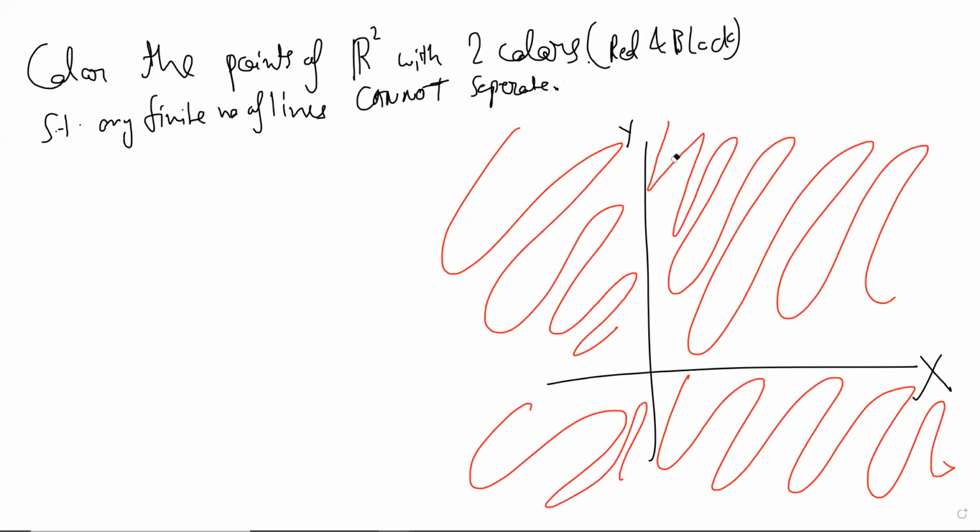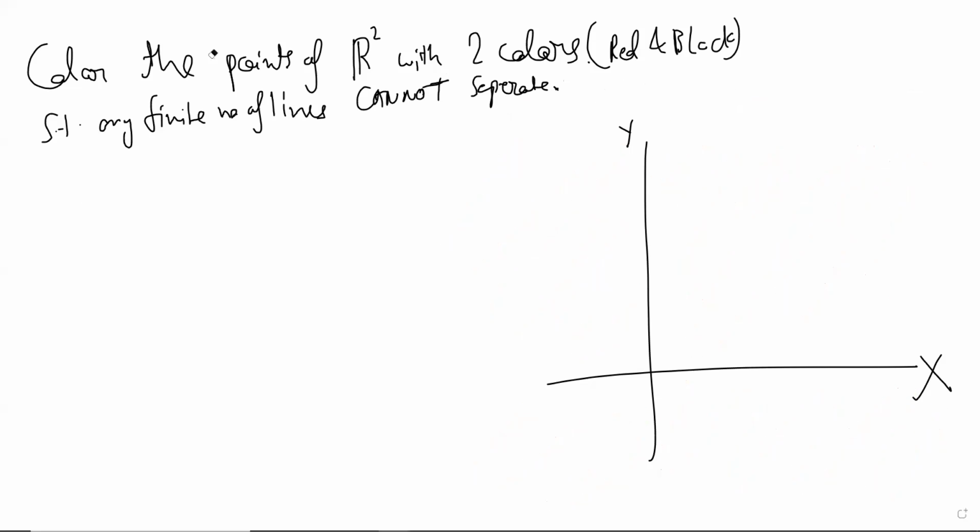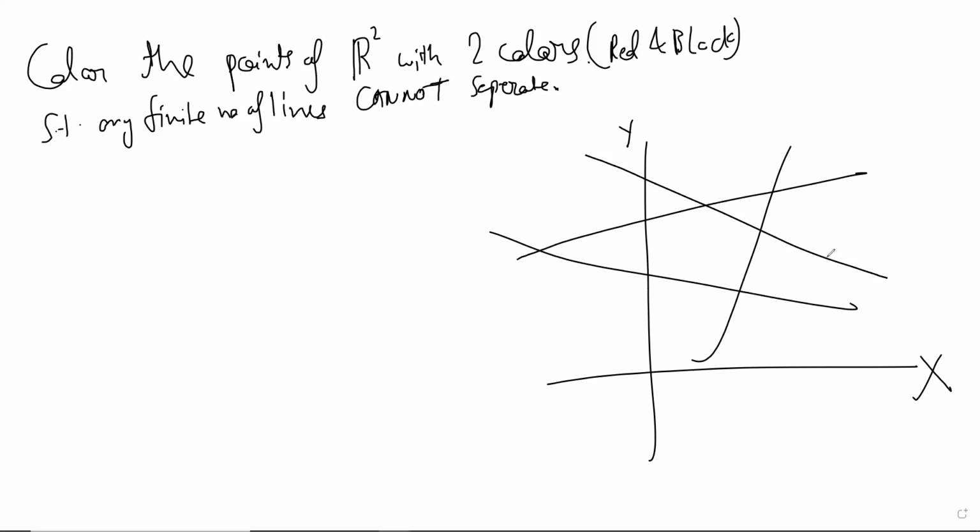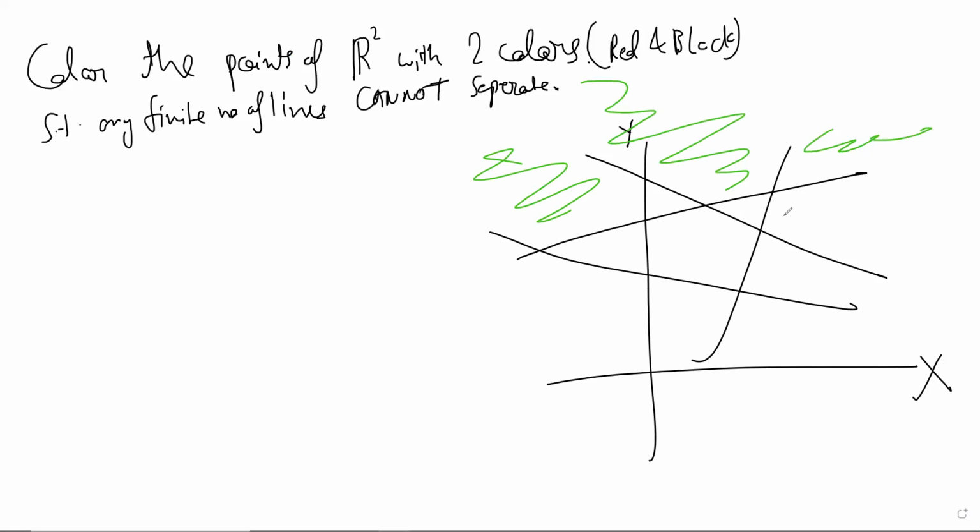So what does it mean? When you take some finitely many lines, you end up with a lot of chambers, right? You have chamber 1, chamber 2, chamber 3, 4, 5, 6, 7, 8, 10, right?